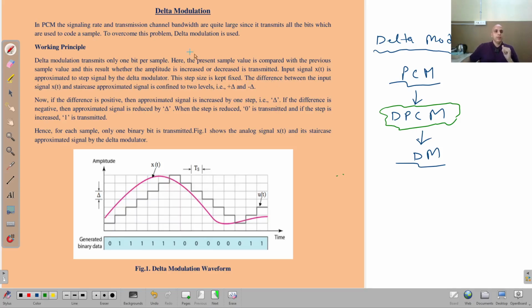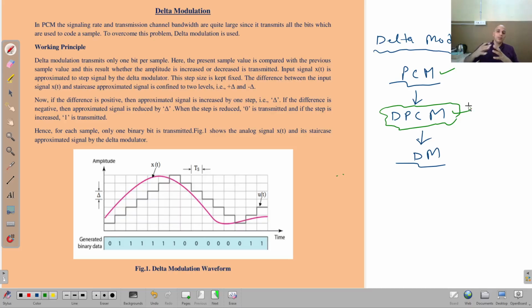You can see here in PCM the signaling rate and the transmission channel bandwidth are quite large. The same problem exists with PCM and DPCM. Although in DPCM we have a slightly lesser bit rate and the required channel bandwidth is small as compared to PCM, it is still very high. It is creating problems for the transmission of DPCM signals.